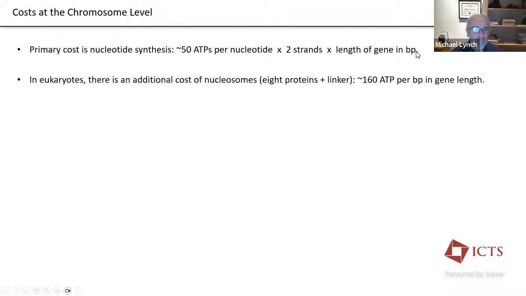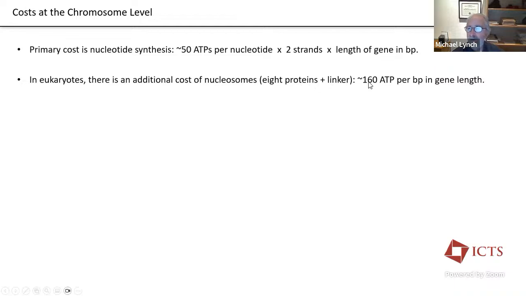Now, in eukaryotes, there's an additional big cost at the chromosome level, and that's because we wind our DNA around these protein complexes made of 8 proteins. These are called nucleosomes. They're wrapped around a complex of histone proteins. There's also a linker protein.